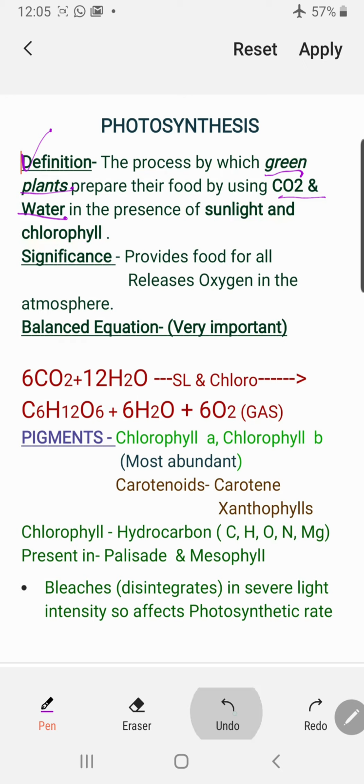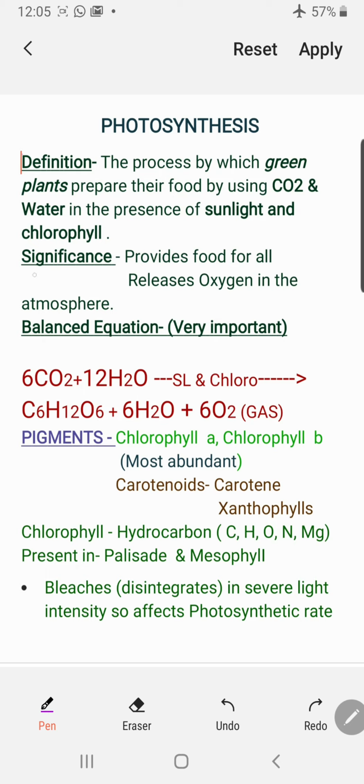These three are the operative terms which are supposed to be there in your definition whenever you are asked. Usually the definition comes only for 1 mark, dear, but if you forget to mention any of the operative terms, then it's your loss.